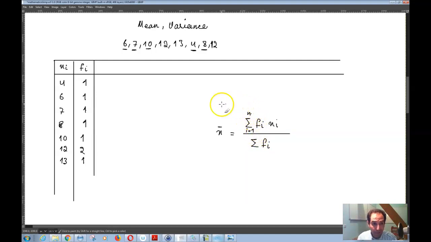Meaning that you multiply your f of i by x of i, which is easy here. So I get 4, 6, 7, 8, 10, 24, and 13.